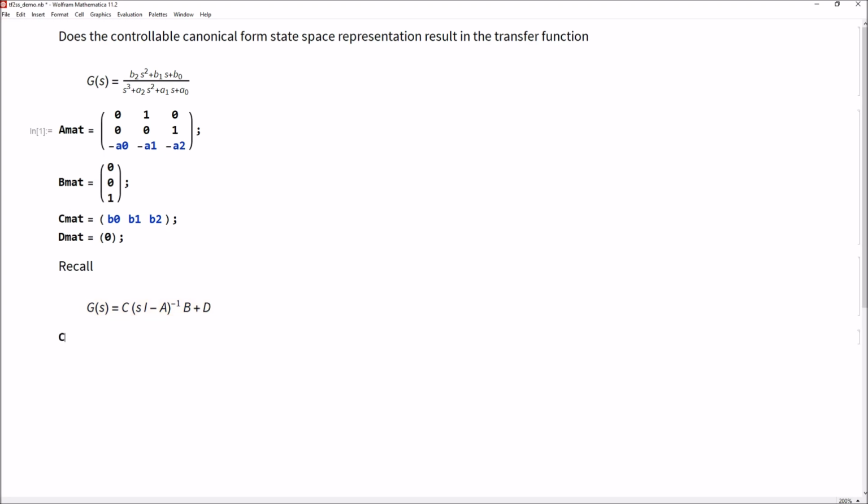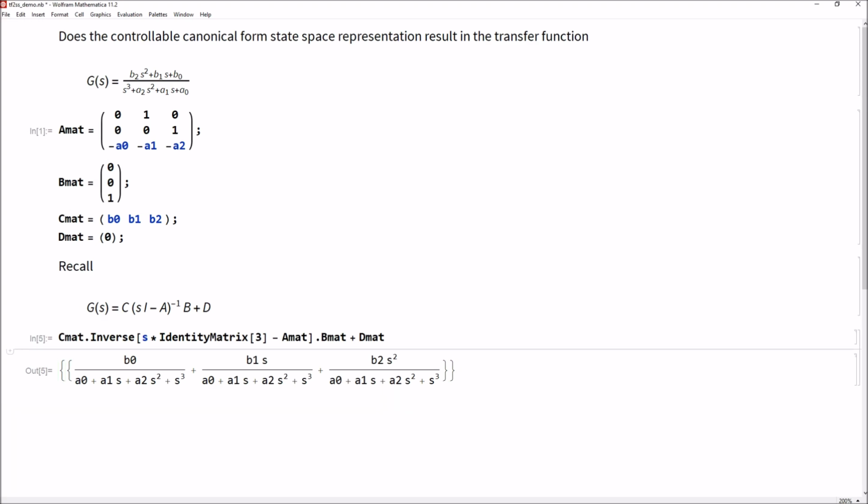So let's do that: CMAT times the quantity inverse of S times the identity matrix of size 3 minus the A matrix, dotted with the B matrix, plus the D matrix. I think that's what we should end up with. So let's go ahead and do that. Since these are all matrices, by the time you do all of the matrix multiplication, we end up with a 1 by 1 matrix.